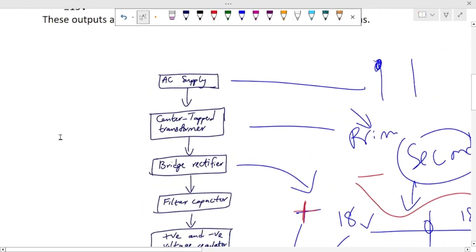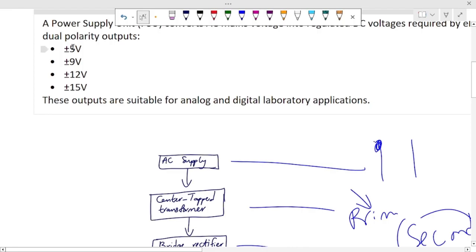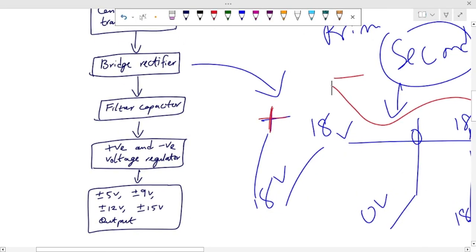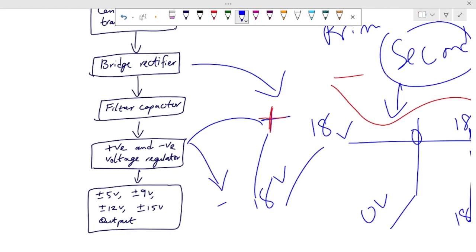So that means for each of them, for positive 5 volts, negative 5 volts, positive 9 volts, we have a voltage regulator for each one. What will the voltage regulator do? It will take in positive 18 volts and give out positive 5 volts.